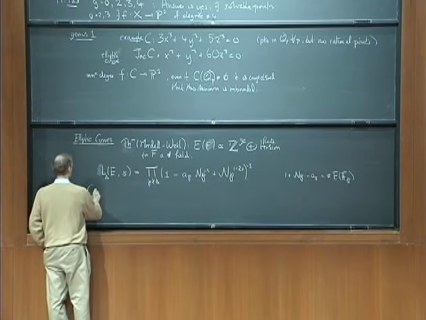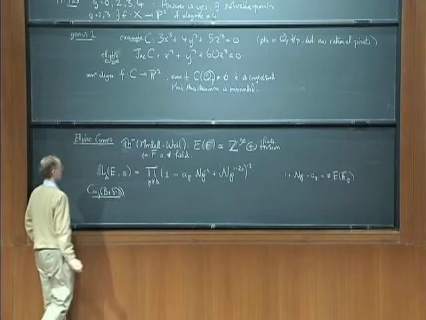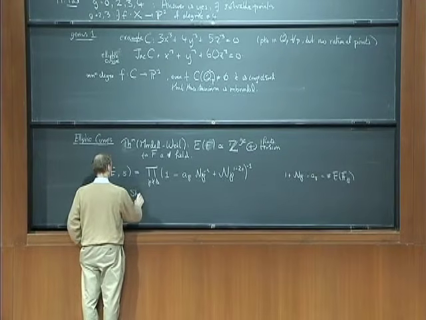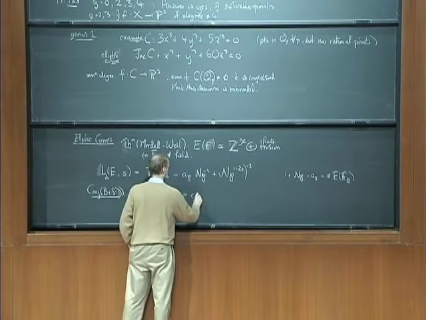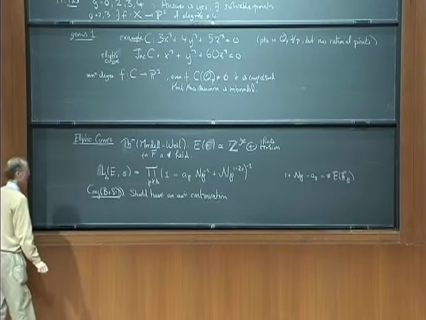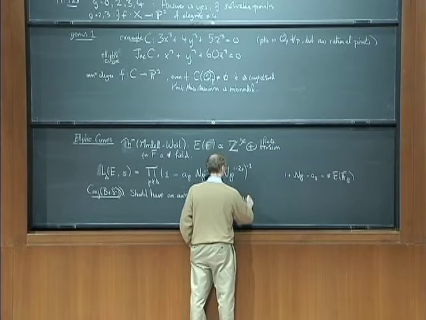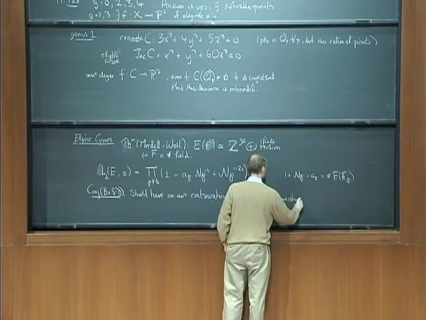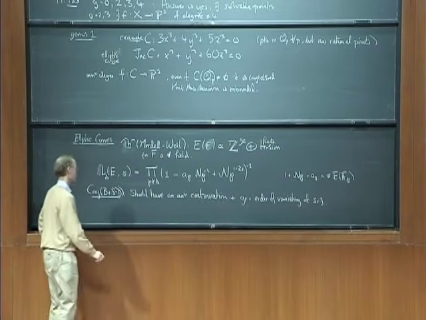And the conjecture of Birch and Swinnerton-Dyer says that first this should have an analytic continuation, and then that g(F) should be given by the order of vanishing at s equals 1 of that analytically continued function.